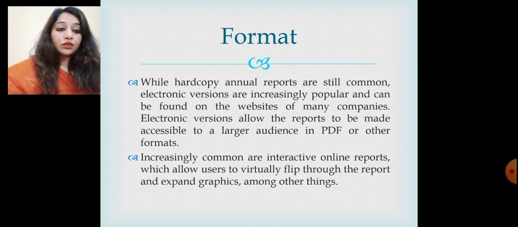Electronic version allow the report to be made accessible to the large audience in PDF or other format. Increasingly common are interactive online report which allow user to virtually flip through the report and expand graphic among other things.